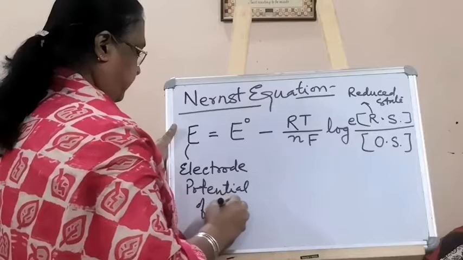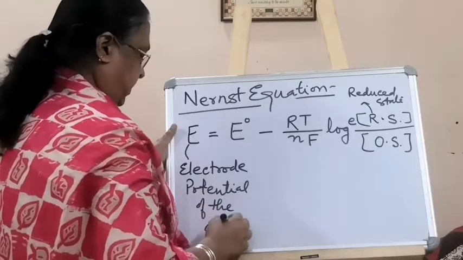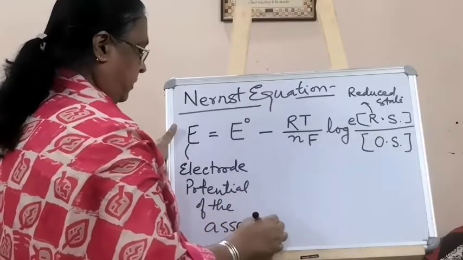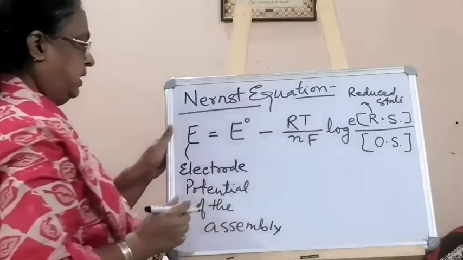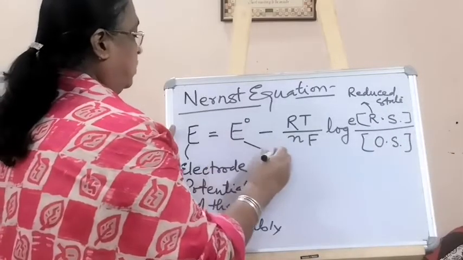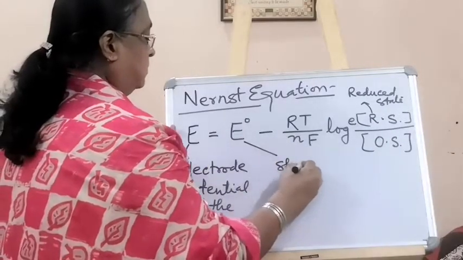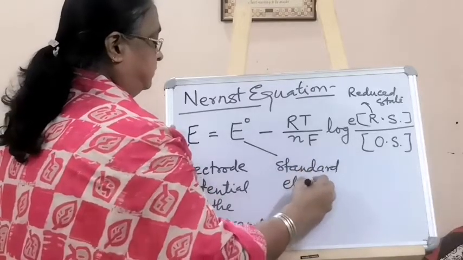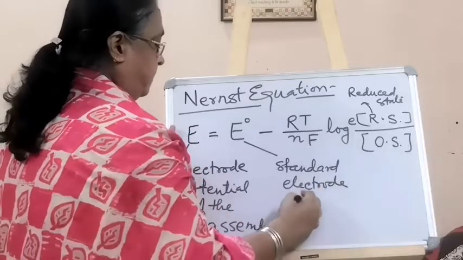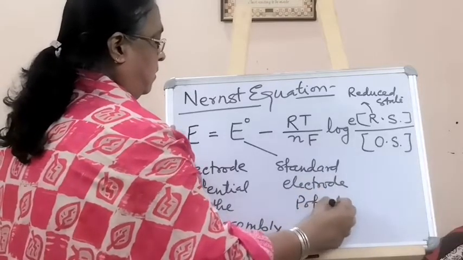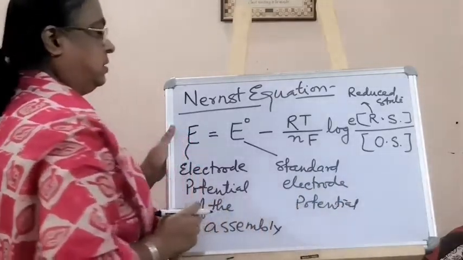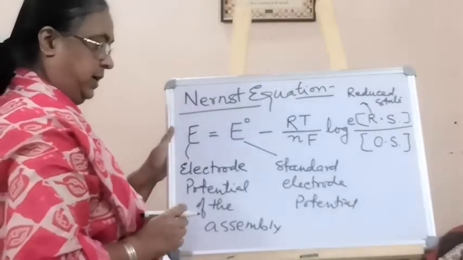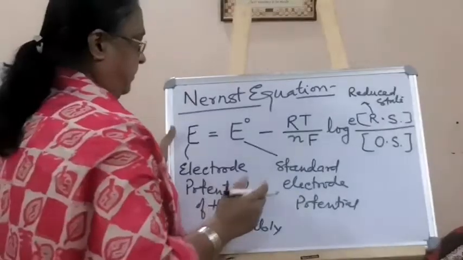Where E is the electrode potential of the assembly, whichever assembly you are using, zinc or copper or any other. E0 is the standard electrode potential, which is the reduction electrode potential, as you know very well.